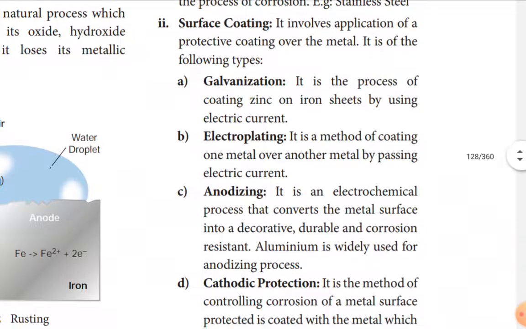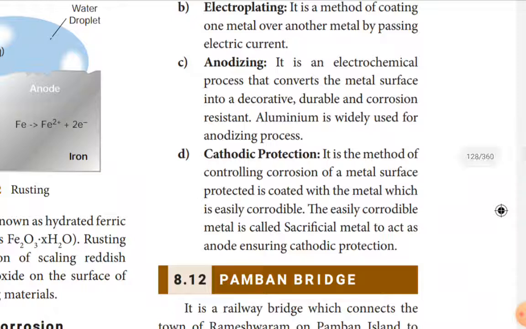Then cathodic protection. This is the method of controlling corrosion of a metal surface. The protected metal is coated with a metal that is easily corrodible. The easily corrodible metal is called a sacrificial metal, acting as anode, ensuring cathodic protection. You can normally see magnesium used in cathodic protection because magnesium is highly reactive compared to iron and other elements.